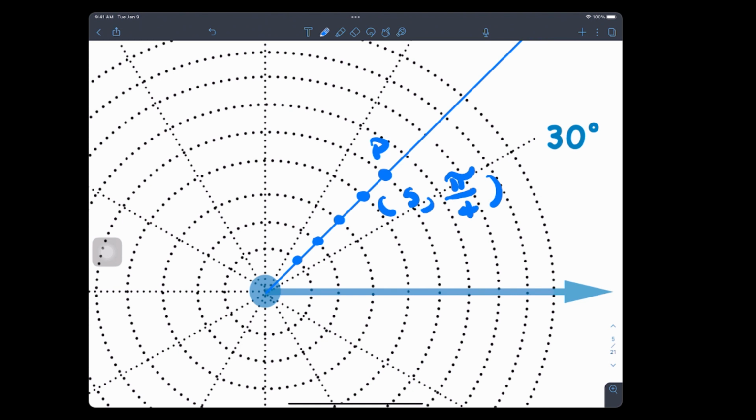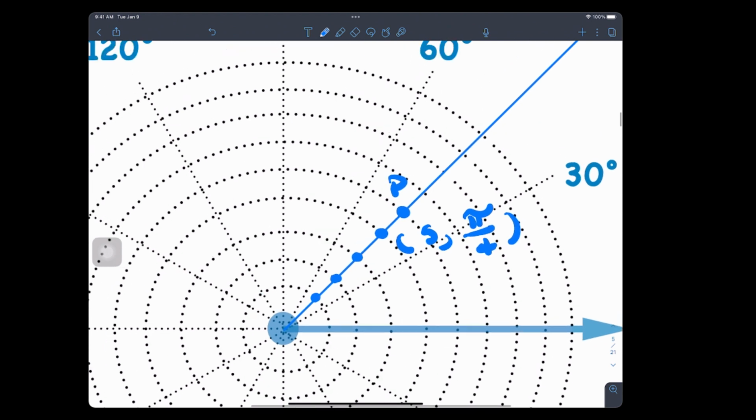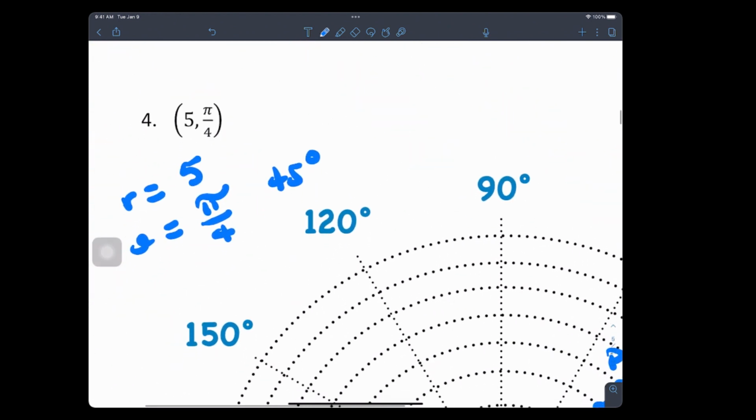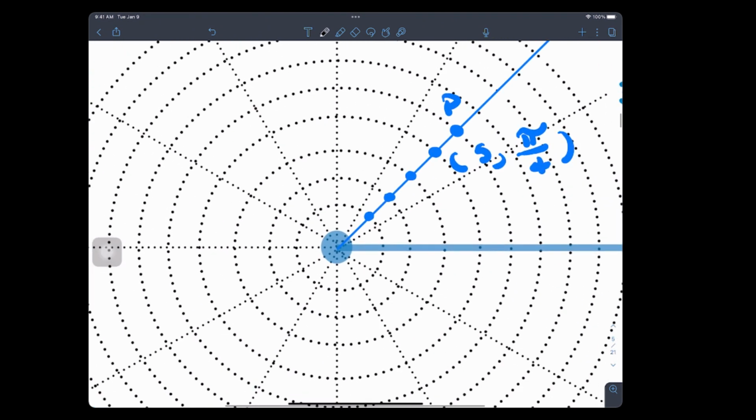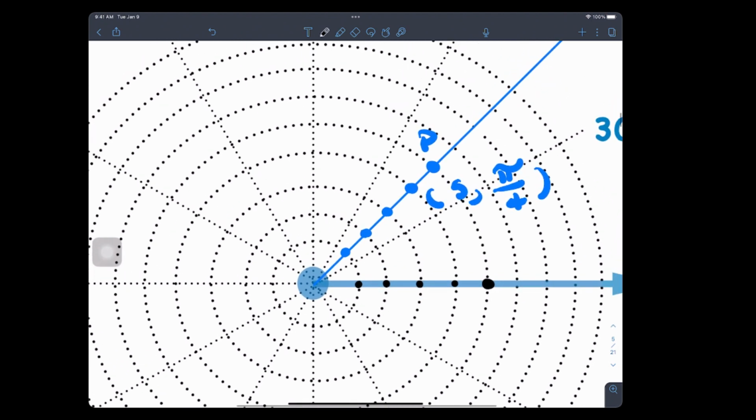Now, sometimes what people say is, you can do this in order. You can plot your radius first and then rotate the ray. So sometimes people say, go out here 1, 2, 3, 4, 5 units, and then rotate your ray 45 degrees.